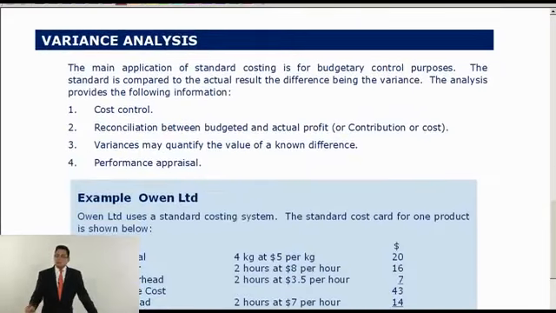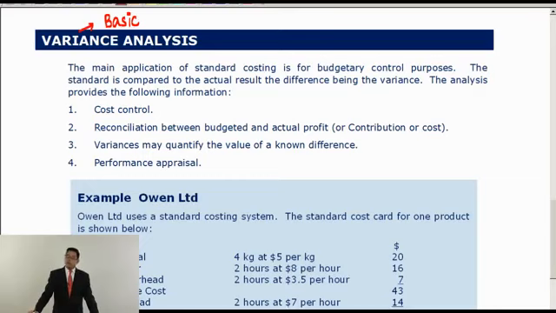Now here is variance analysis, basic variance analysis to be precise, because variances are divided into two categories: basic, which have been covered in paper F2, and now advanced variances, which I will talk through in a separate session, which are in F5. Variance analysis.